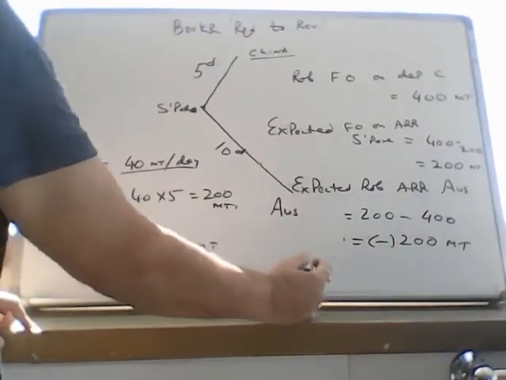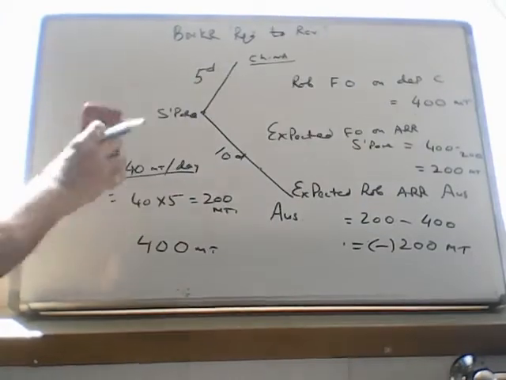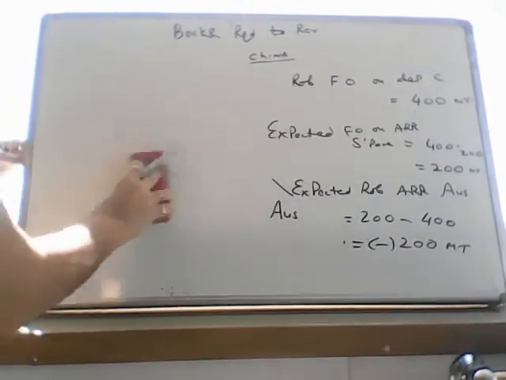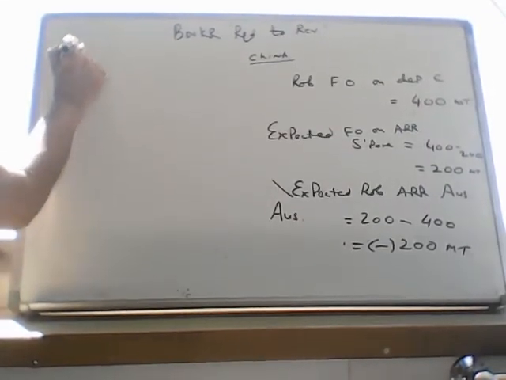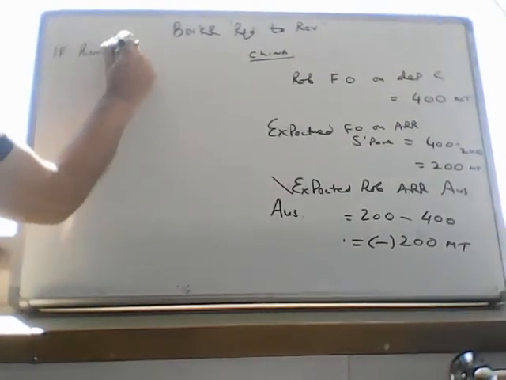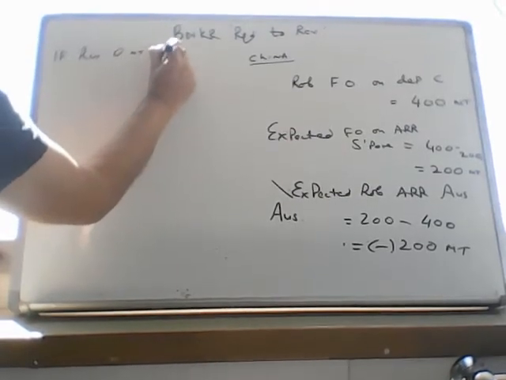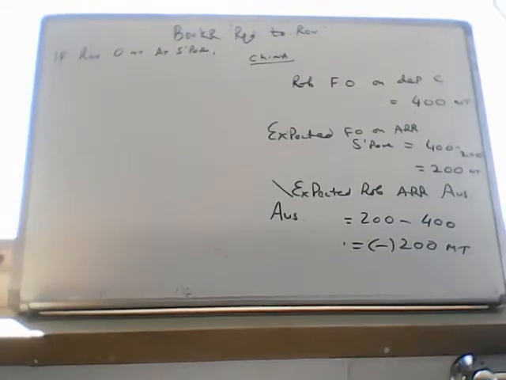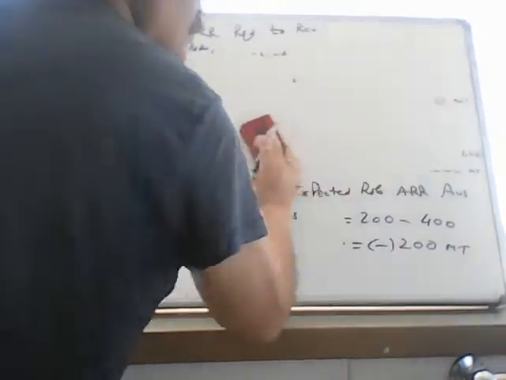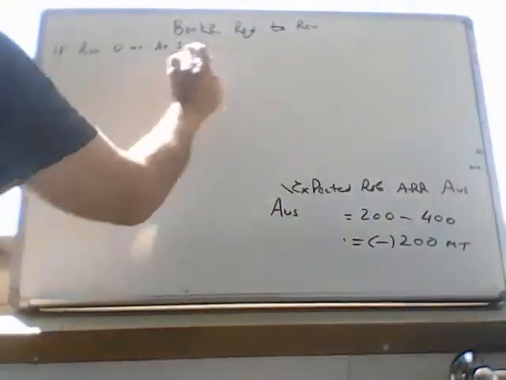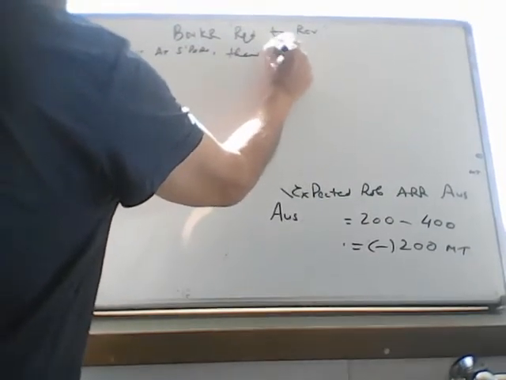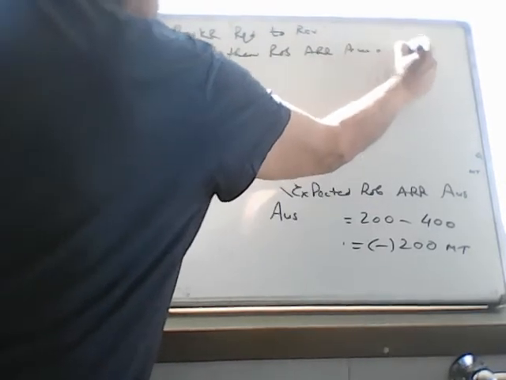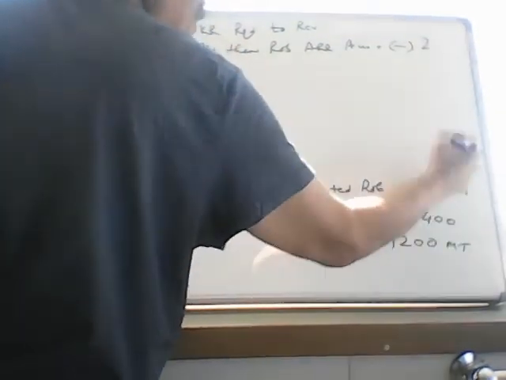So now you have to write down here, if we receive 0 metric tons at Singapore, then ROB arrival Australia will be minus 200.